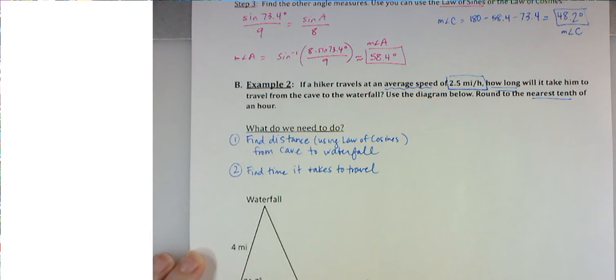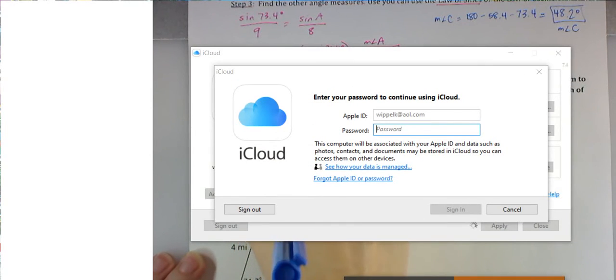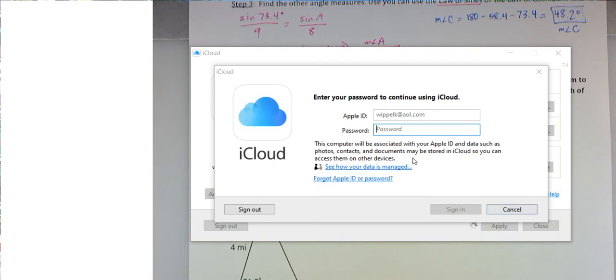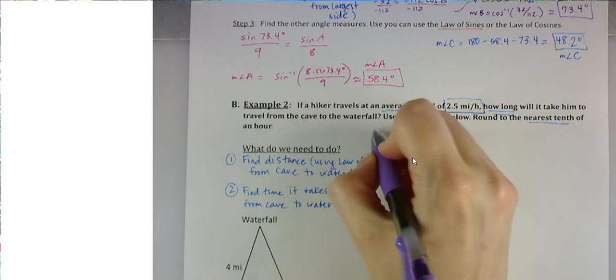All right, and then to do that, we're going to use a very popular formula. Remember, the distance equals the rate multiplied by the time.